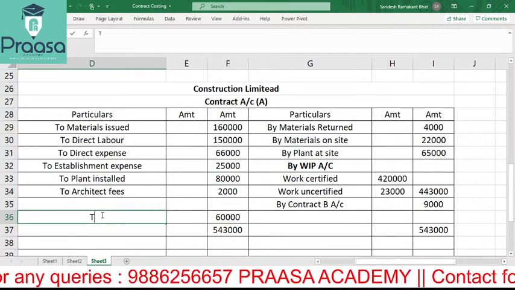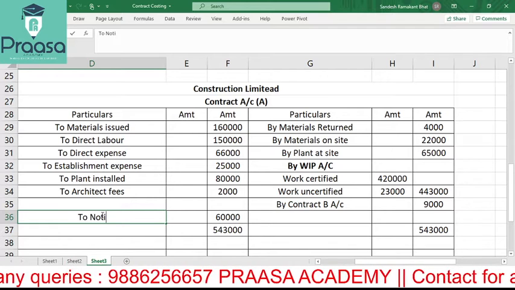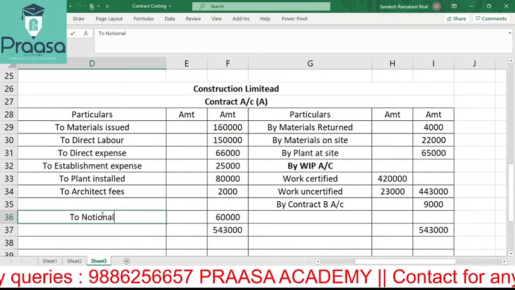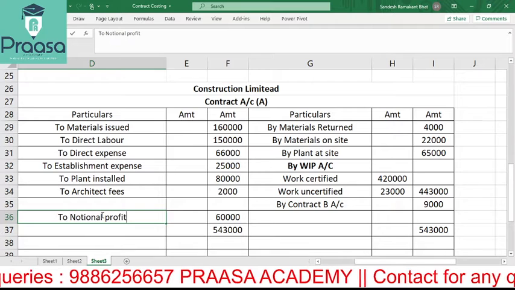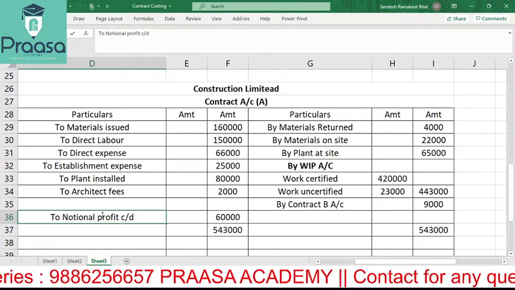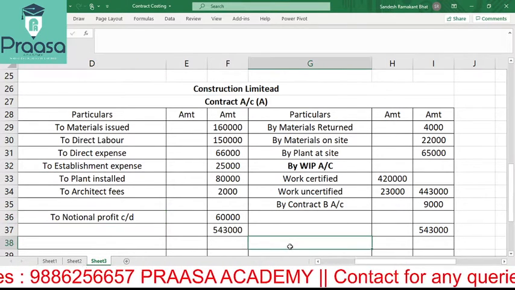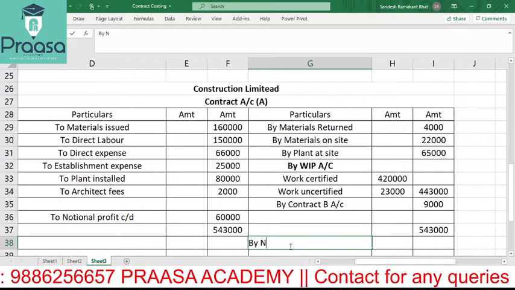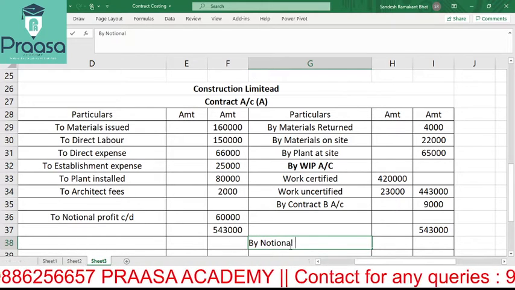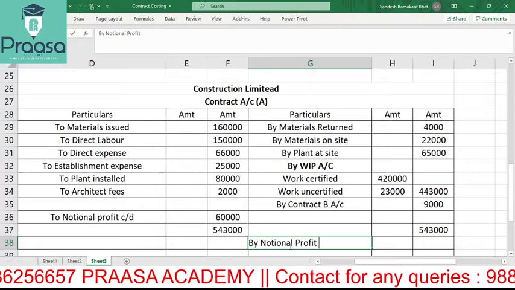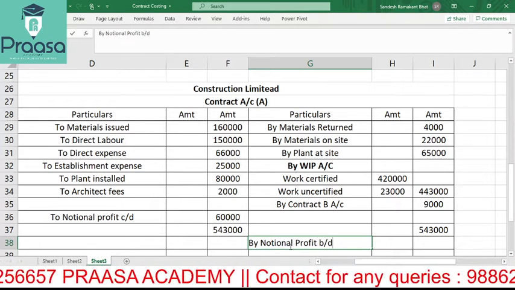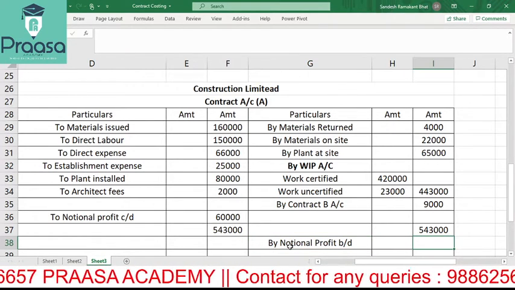This will be to notional profit carried down, and here, of course, by notional profit brought down. How much? 60,000.